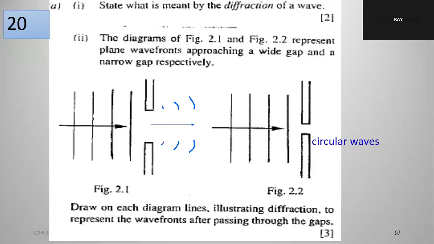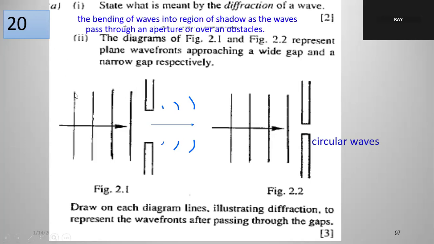This one you need to know what is meant by diffraction of a wave: bending of a wave into the region of shadow as the wave passes through. Diagrams 2.1 and 2.2 represent a plane wavefront approaching a wide gap and a narrow gap.